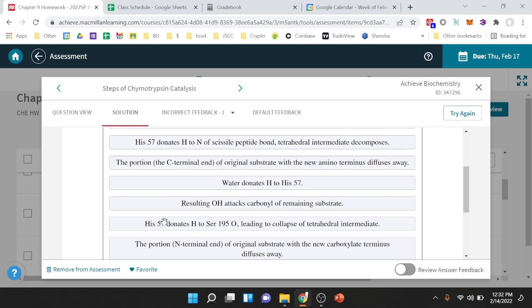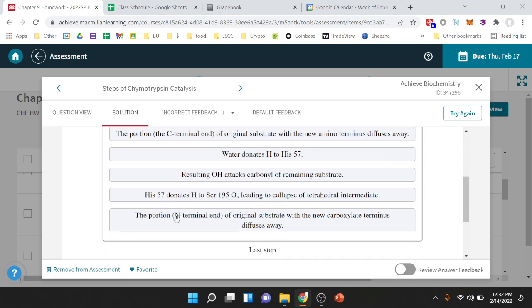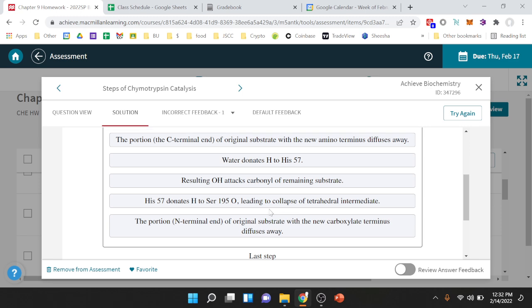And so now we need to donate that H to that Ser 195 O there. And again, that's going to collapse that tetrahedral intermediate. The N-terminal portion of the original substrate with the new carboxylate terminus diffuses away. So these two things are linked heavily, aren't they?